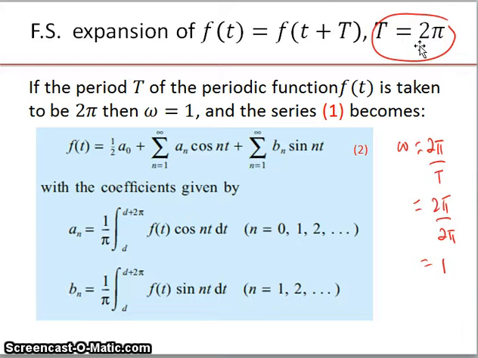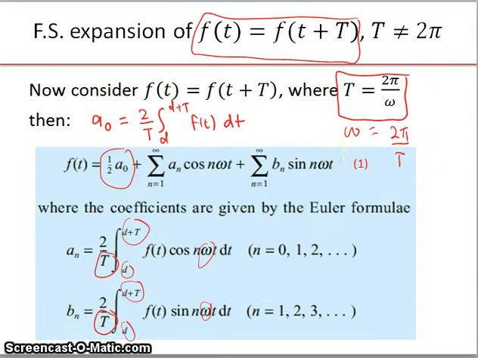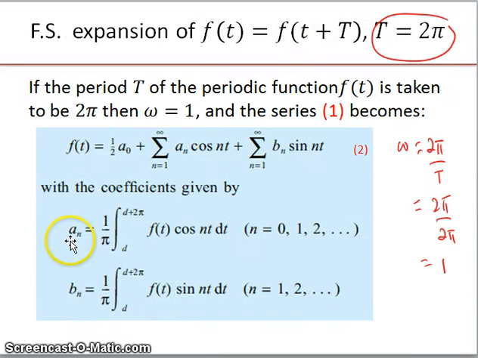Alright, so using the same formula as in equation 1, when we know that T is exactly 2 pi, then we will get this formula of a_n and this b_n. So the same question also arises here, where we need to know what are the a_0, a_n, and the b_n using these particular equations.